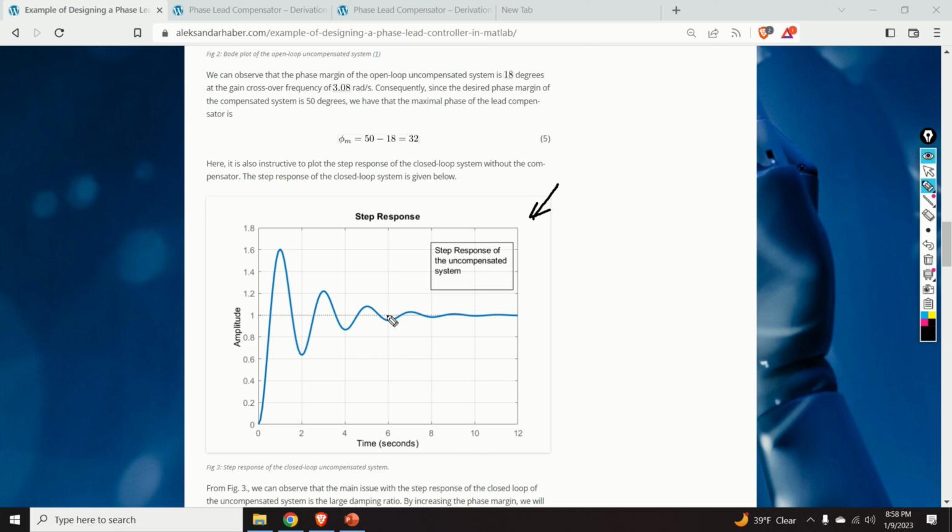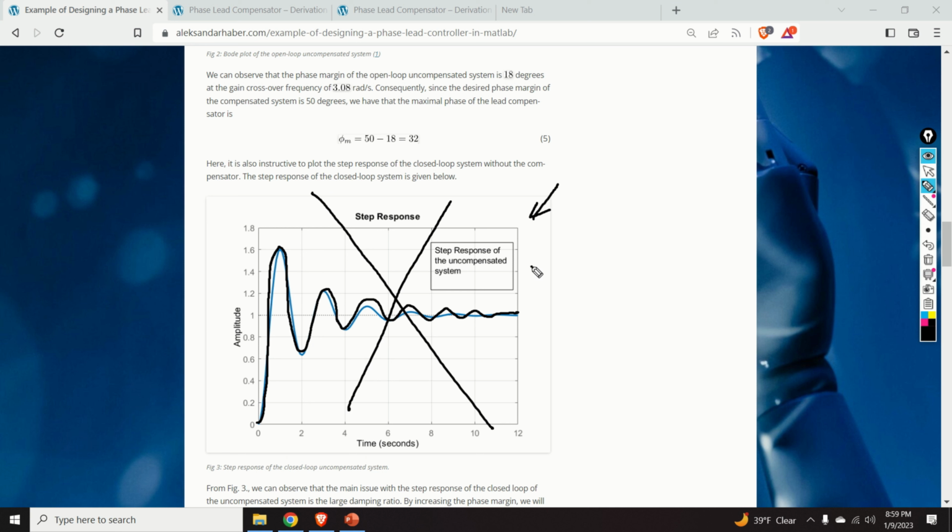This graph over here shows the step response of the closed-loop system corresponding to the open-loop system without the compensator. We can immediately observe that the step response is quite oscillatory and that the damping is very small, and this is not acceptable.